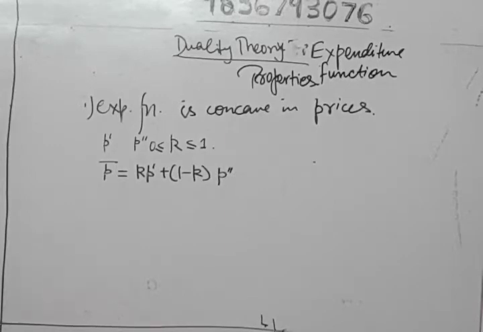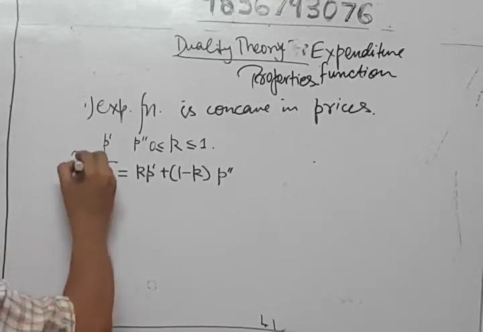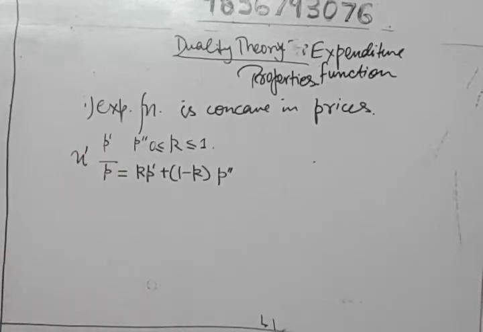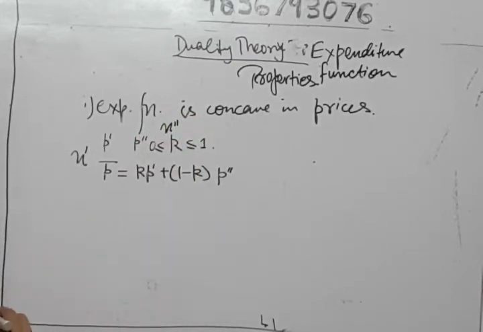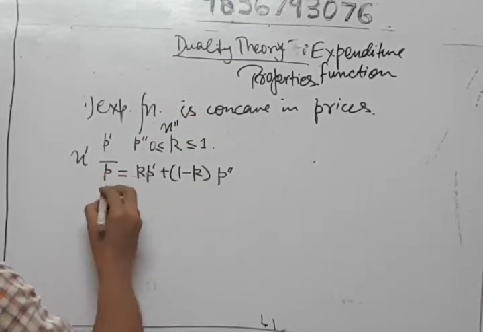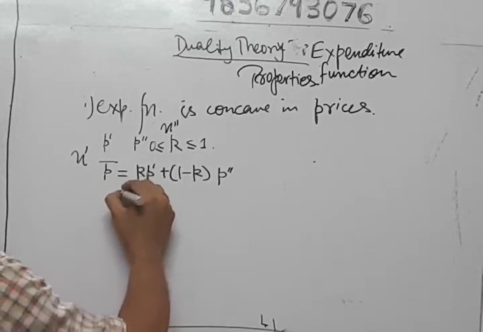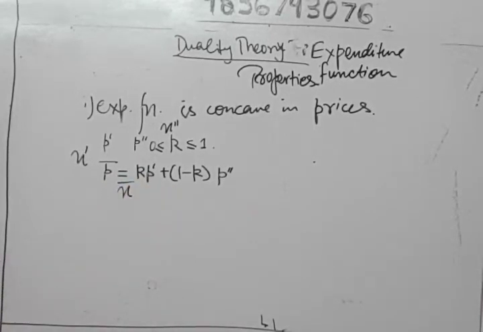So when we have got P prime as our price vector, then the optimal consumption bundle at which the expenditure will be minimized is given by x prime. Similarly, when P double prime is the price vector, then the consumption bundle at which the expenditure will be minimized is given by x double prime. And similarly for P bar, the cost minimizing consumption bundle is given by x bar.